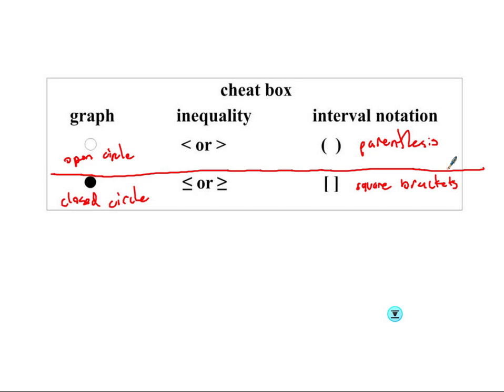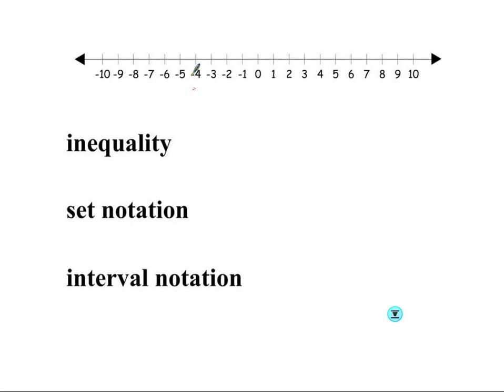Okay, so what do I mean by all of this right here? Well, let's say, for example, we had the interval from -5 all the way to 3. So what I have here on this graph is going to be an interval.